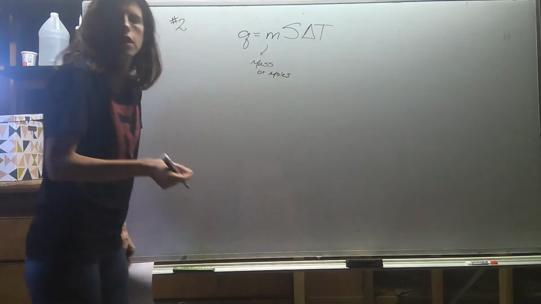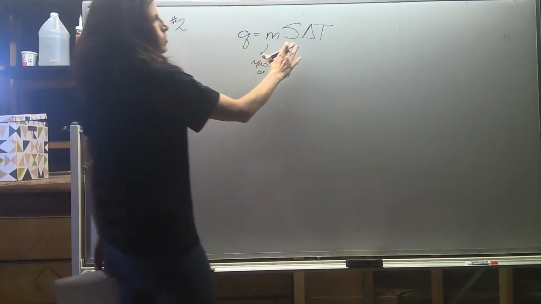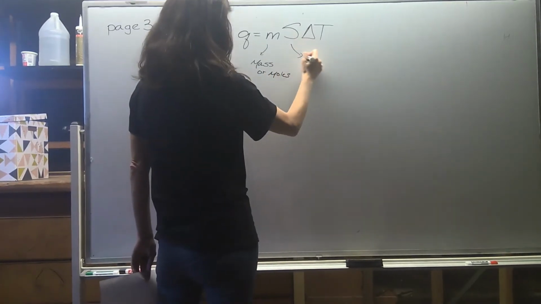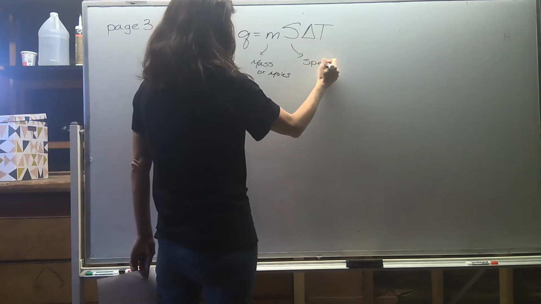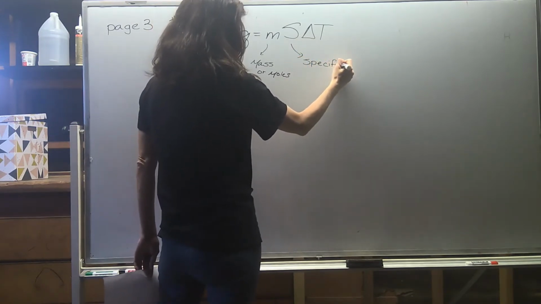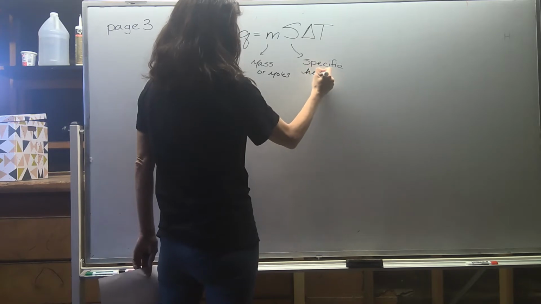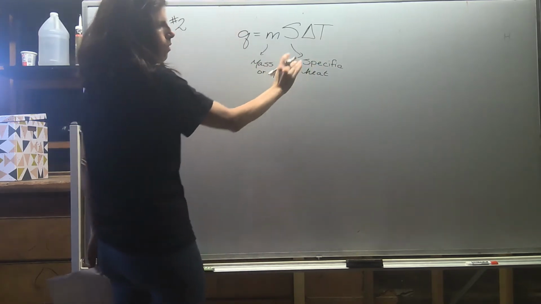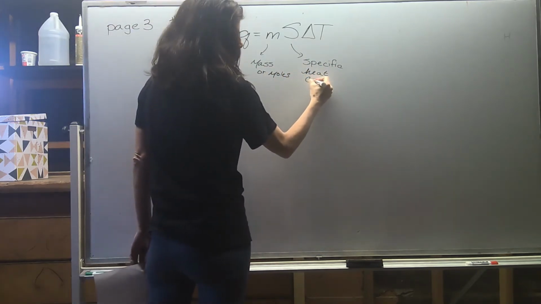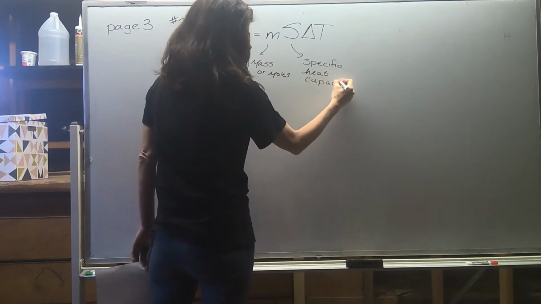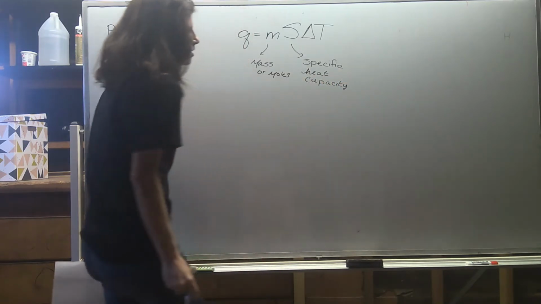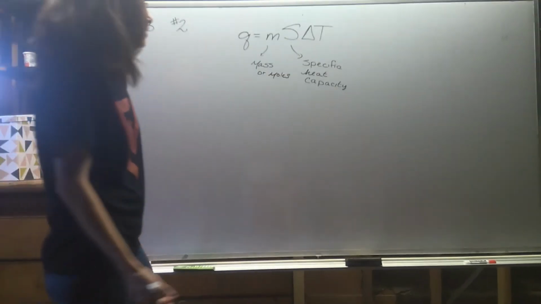How do you know? You're going to look at your specific heat capacity and base your M value off of your specific heat capacity units. A lot of times it's mass.